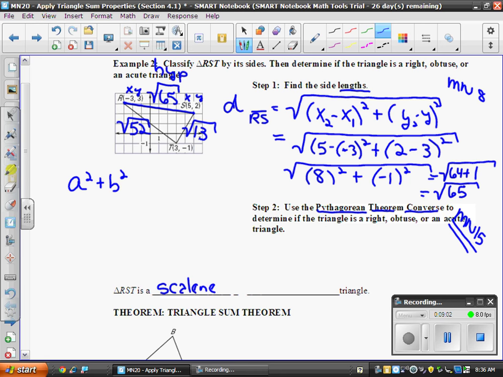It's a squared plus b squared, but we don't know if it's equal to, greater than, or less than c squared. We're going to put our lengths into the converse, and this is right where I said it's much easier leaving the lengths as square roots.